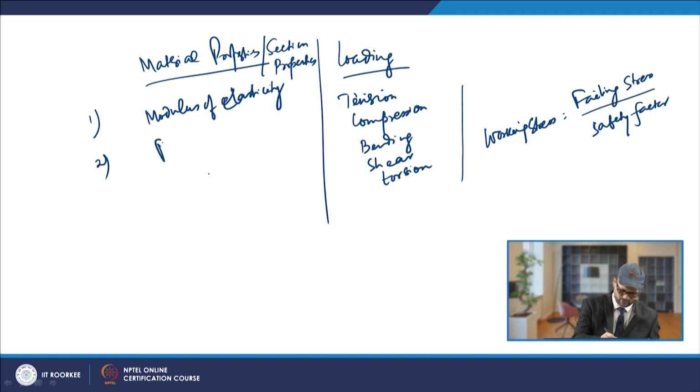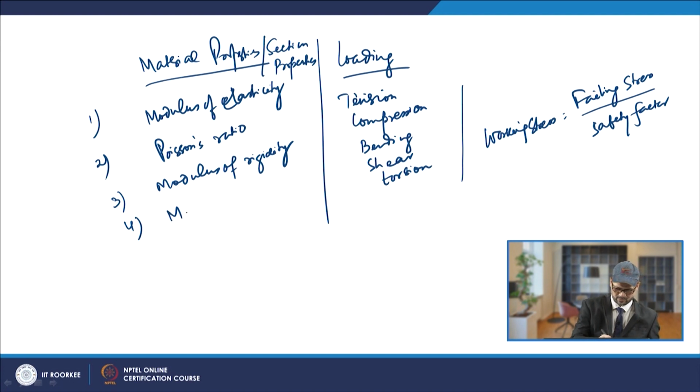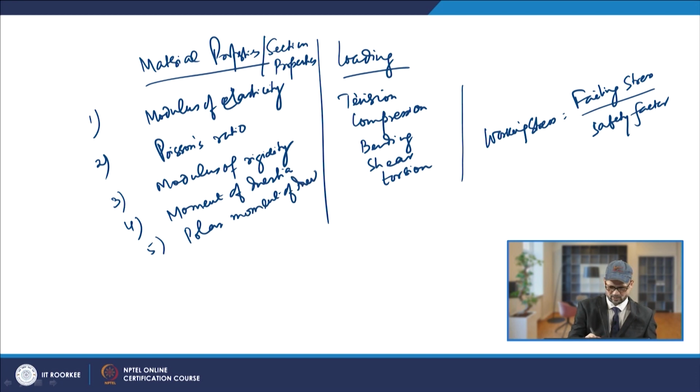Then you have the Poisson's ratio, you have modulus of rigidity, then you have section property, you have a moment of inertia, then you have a polar moment of inertia and section modulus.